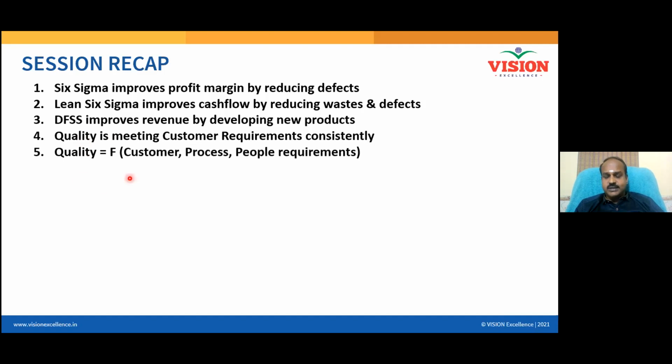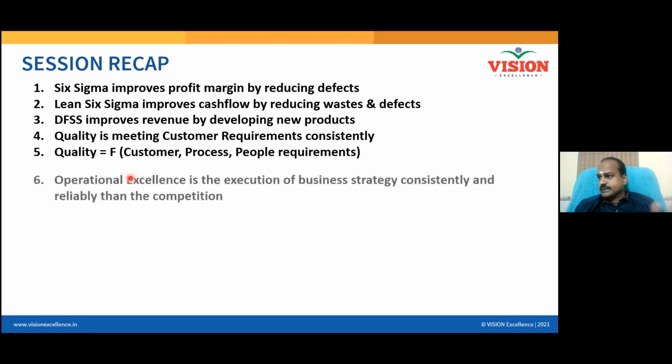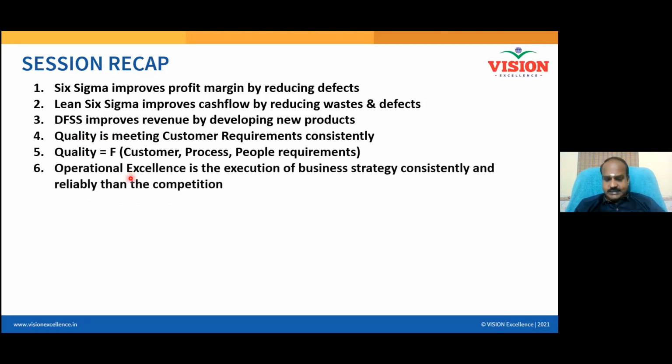So quality is meeting customer requirements consistently. And quality is a function of customer requirement, process requirement, and then people requirement, right? People are nothing but the employees. And operational excellence. What did we understand about operational excellence? Operational excellence is doing better than the competition. There are 100 people here in the program, and who is going to become number 1? That means your approach is you want to be number 1 in the entire class.